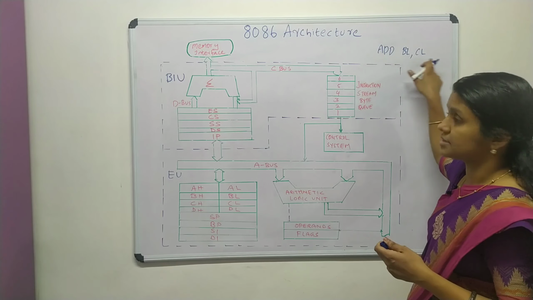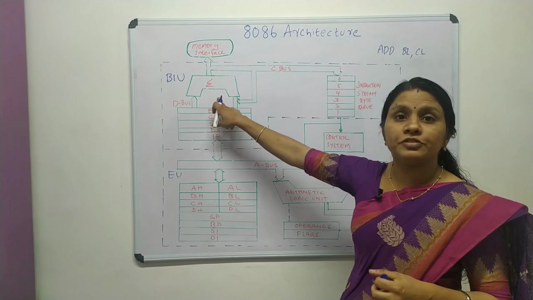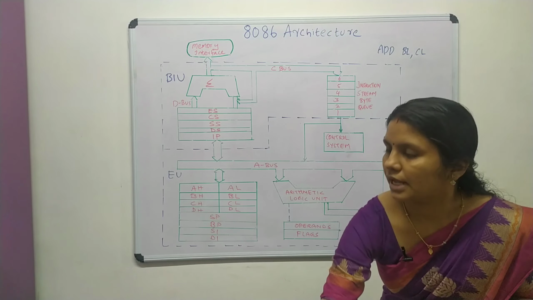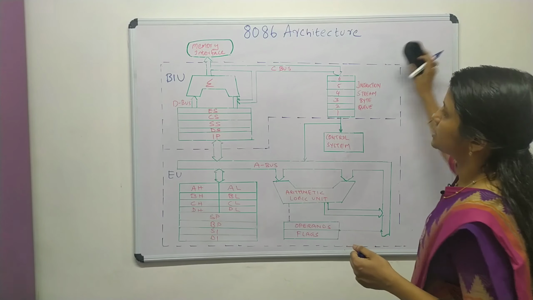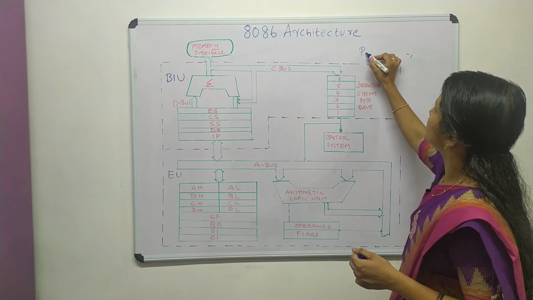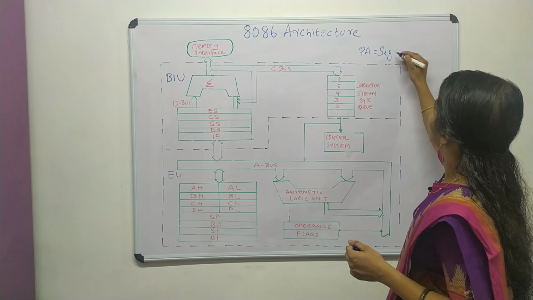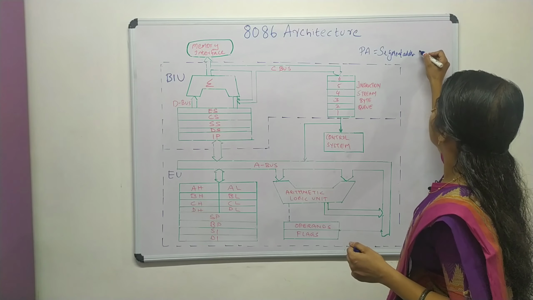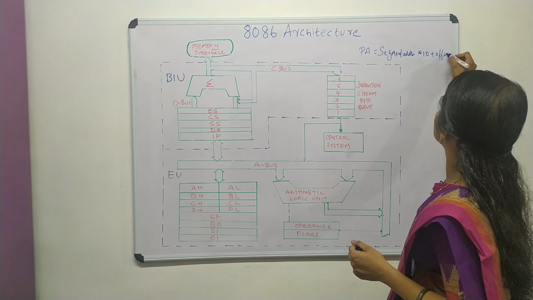What about the other one? It is also an arithmetic circuit, but it calculates the physical address. Here the physical address is calculated by segment address into 10 plus offset address.